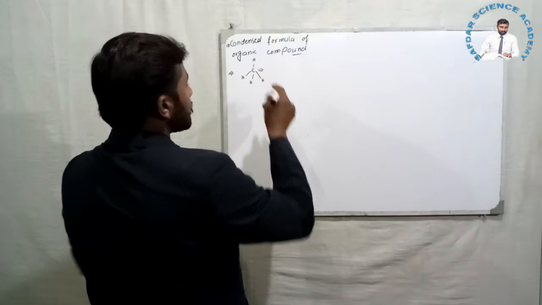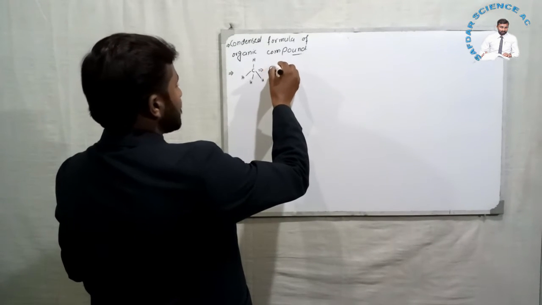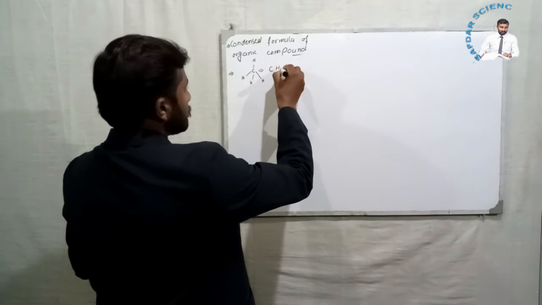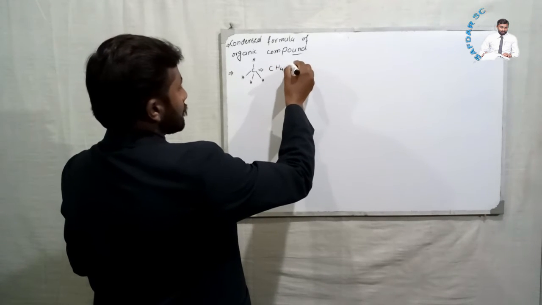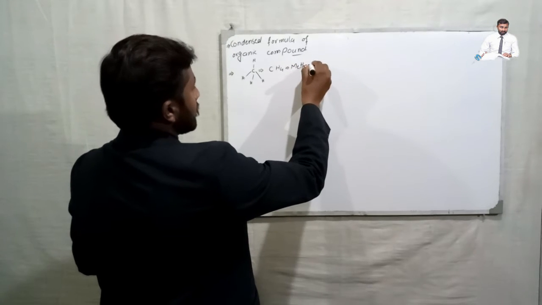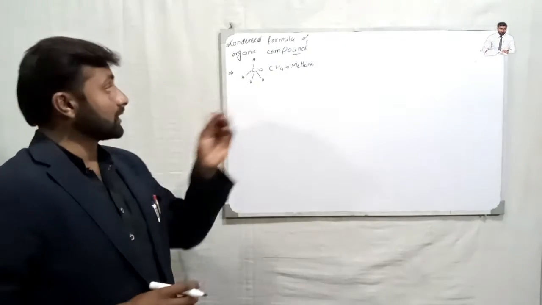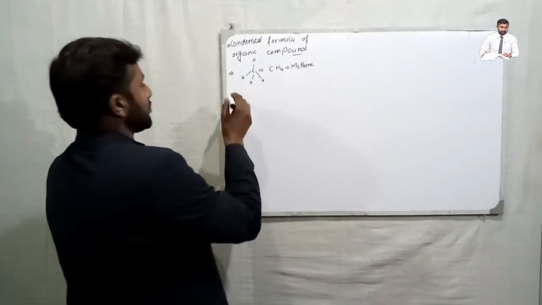Condensation means we collect them together. That is the condensed formula of methane. As you know, there is one carbon and 4 hydrogen atoms present.